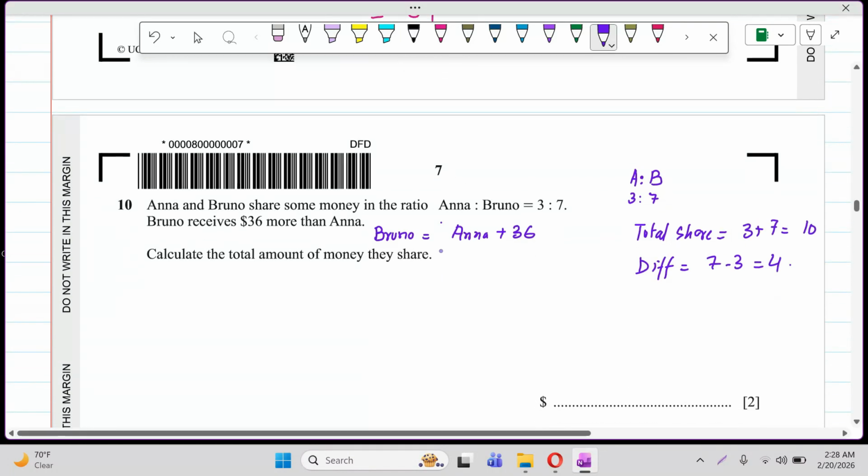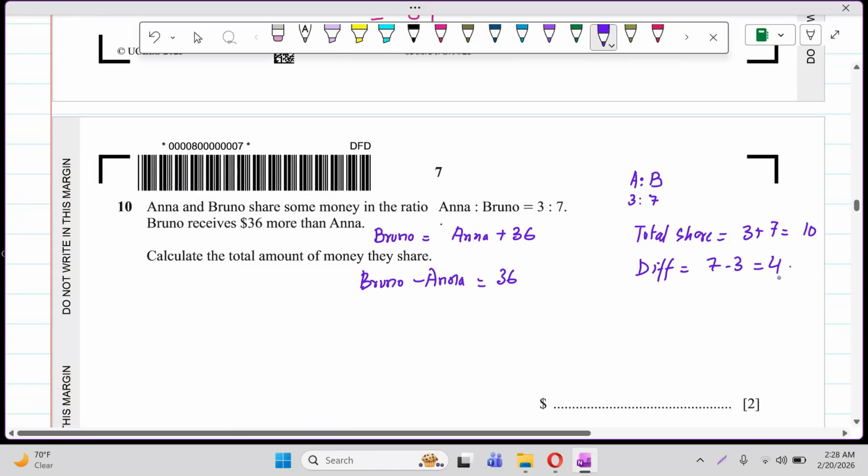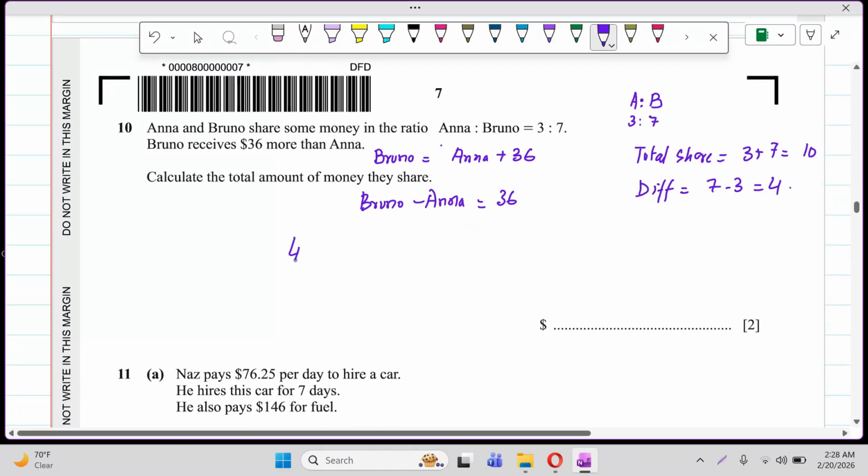And from this we can get the difference in the money they receive. Bruno's money minus Anna's money is equal to 36. So 4 shares is equivalent to $36.